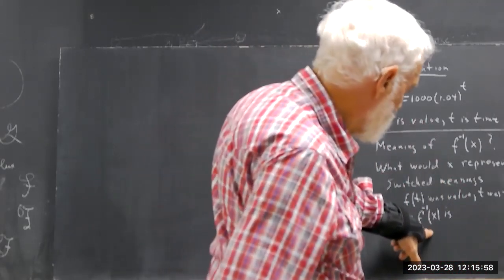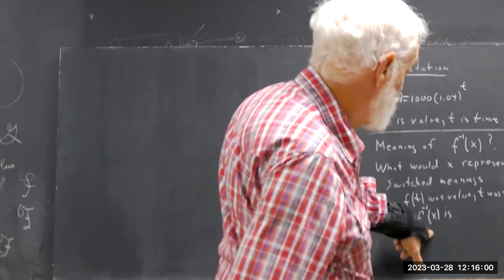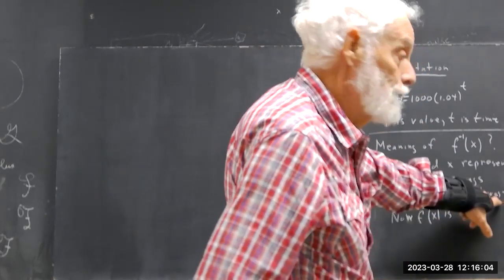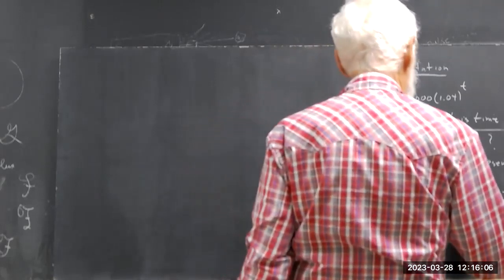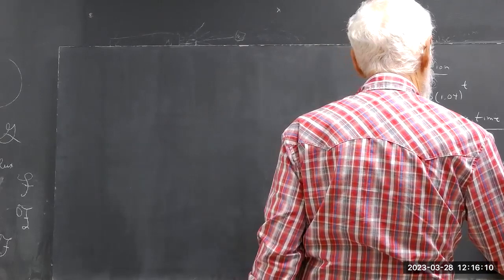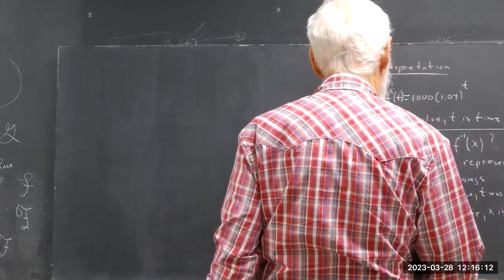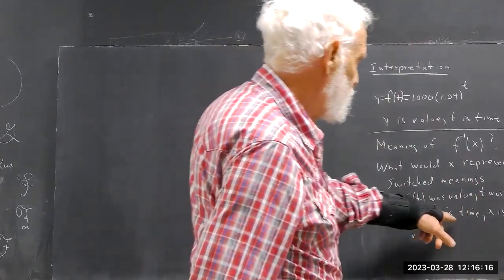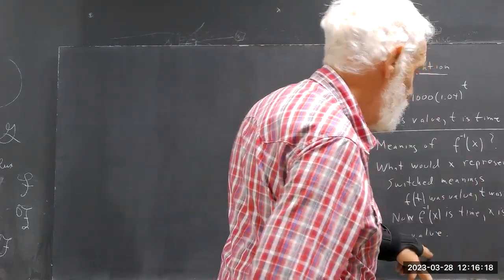Now F inverse of X is not the value, it's the time. So F inverse of X is time and X is value.